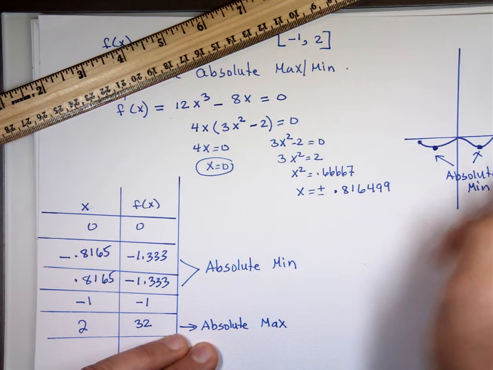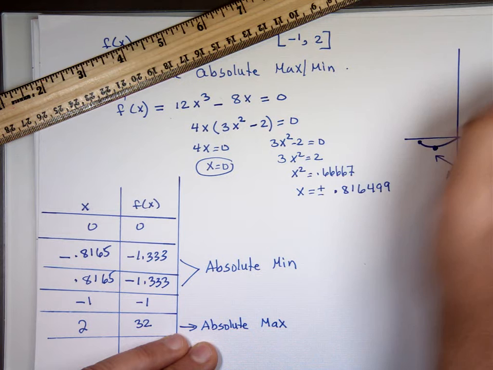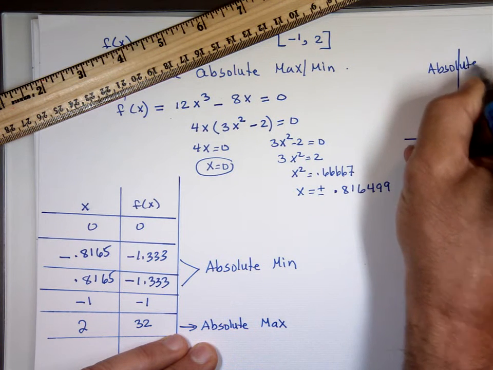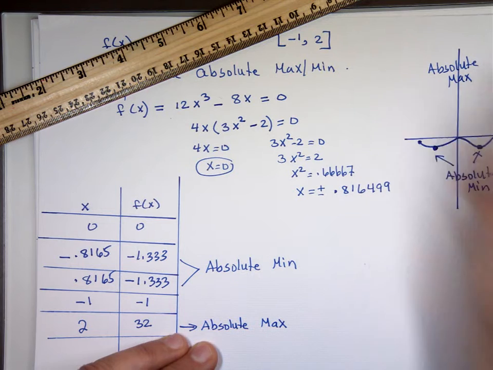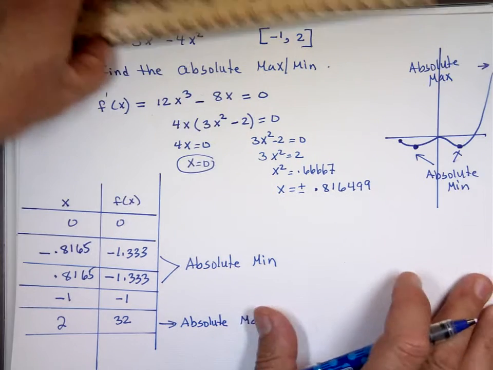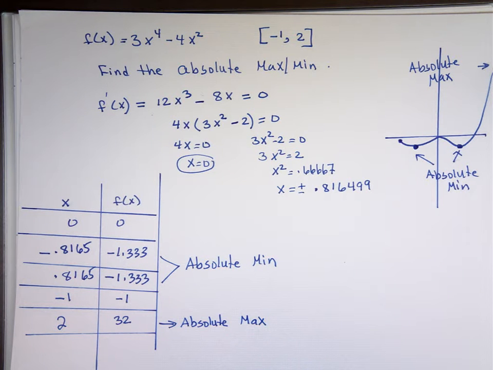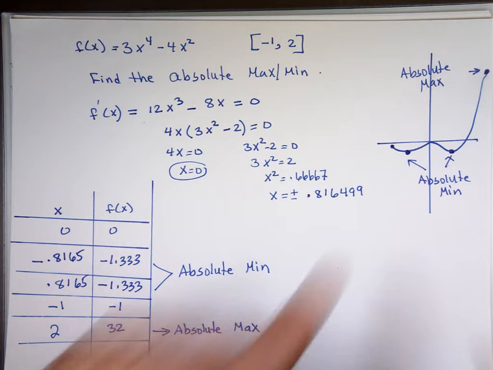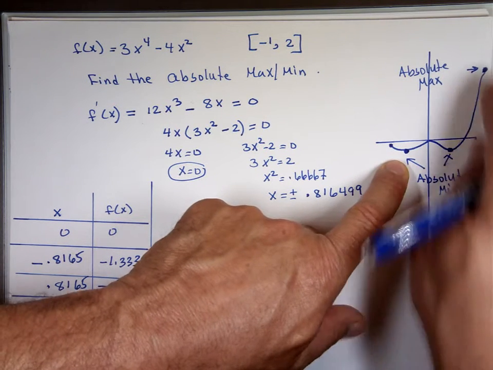And this is your absolute max. So we get two absolute mins, same level, one absolute max.